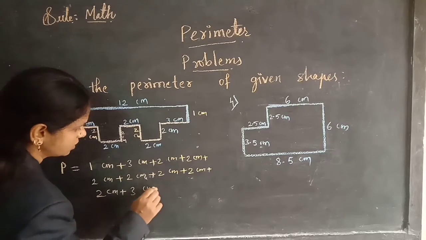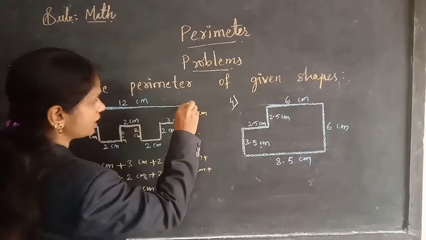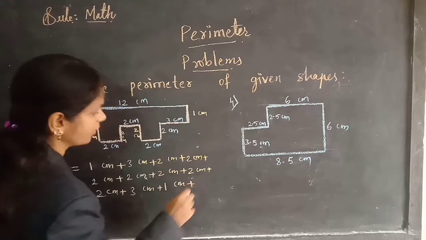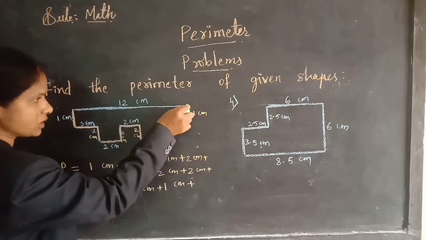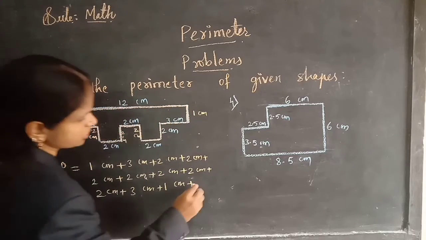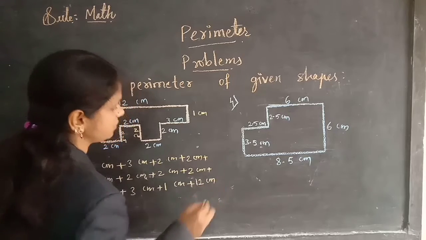So 3 centimeters plus, and here 1 centimeter has been given, so 1 centimeter plus, and this long side, children, this side length has been given as 12 centimeters. So I am taking here 12 centimeters.